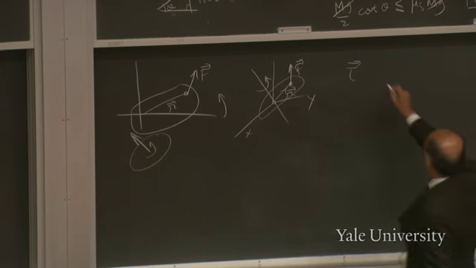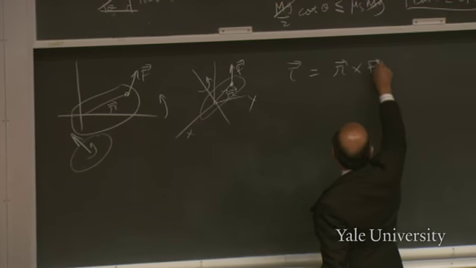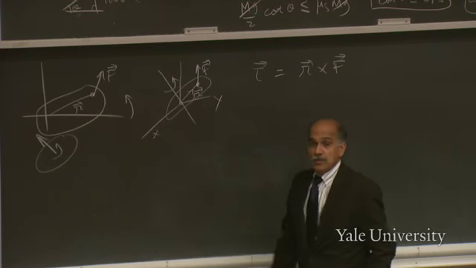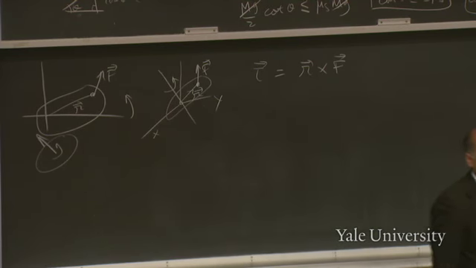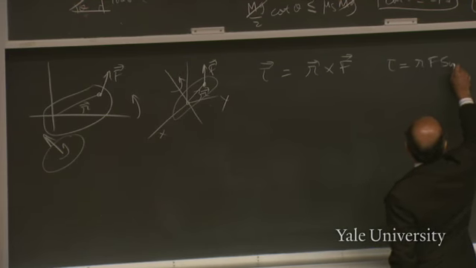And the vector will be denoted by this symbol called the cross product. But I will now tell you how to get tau as a vector. We know R and we know F. But the torque we suddenly learn is actually a vector. So, if it's a vector, it needs a magnitude and it needs a direction. The magnitude of the vector is the old thing, FR sine theta.